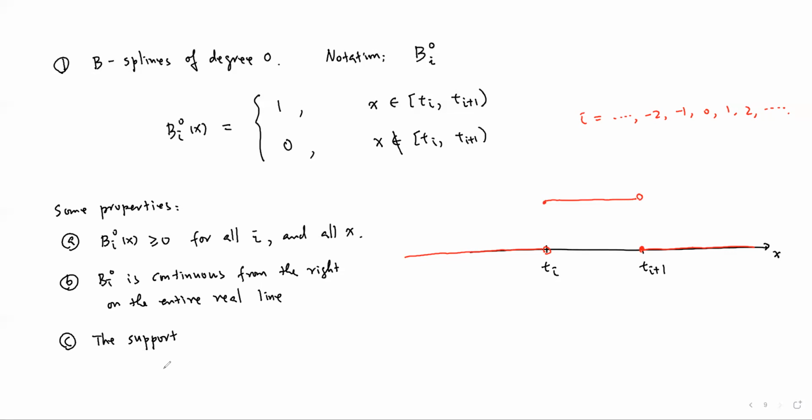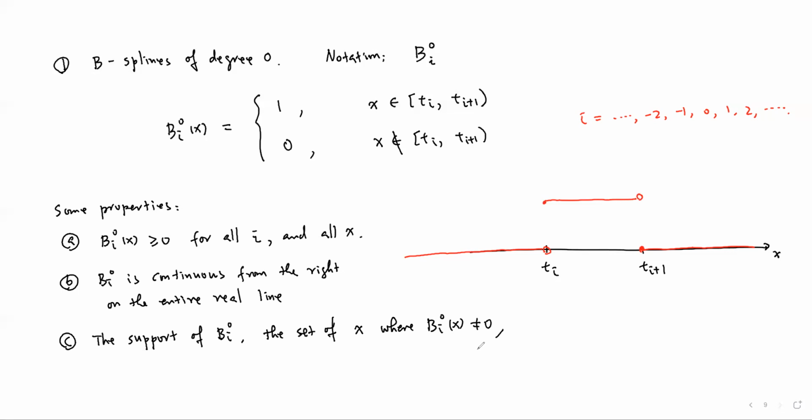What does the support of B_i^0 mean? It is the set of x values where the function is non-zero.